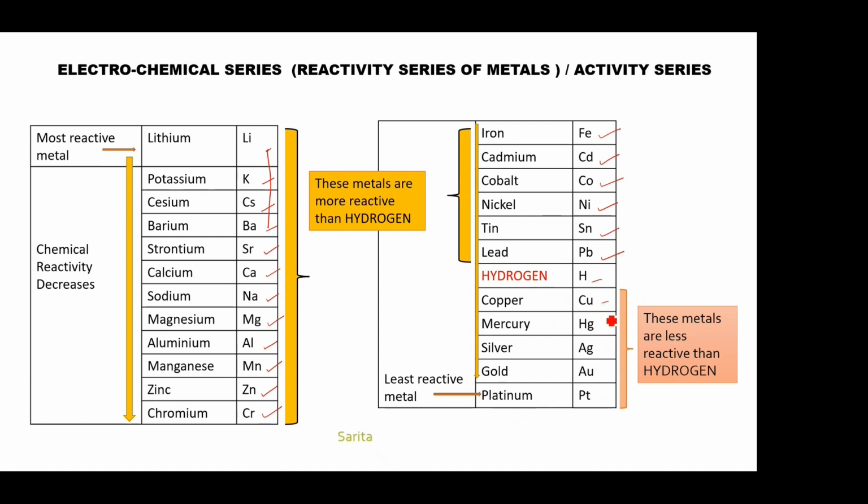Then hydrogen, copper, mercury, silver, gold, platinum. This is the very easy trick. You can remember the reactivity series. By this, you can know which one is more reactive and which one is least reactive metals.